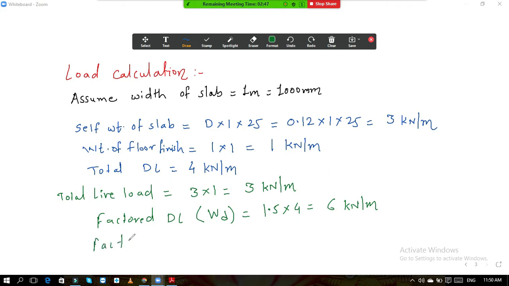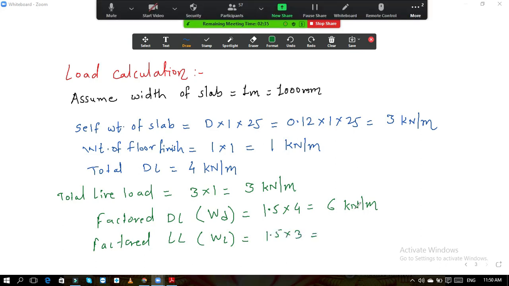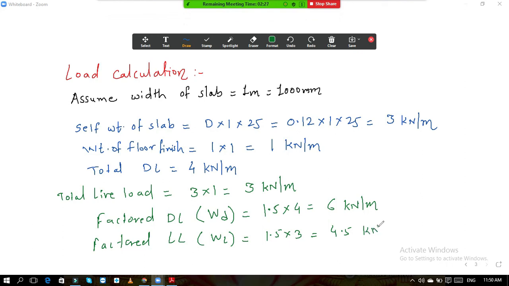Similarly, the factored live load is WL, which is equal to 1.5 into 3. So it is 4.5 kilonewton per meter.